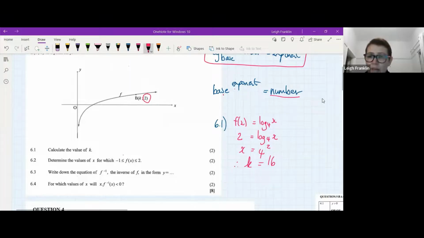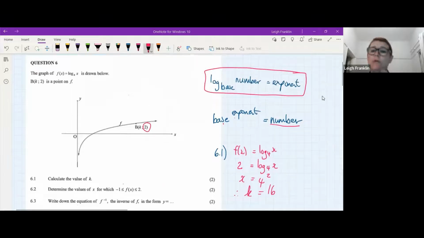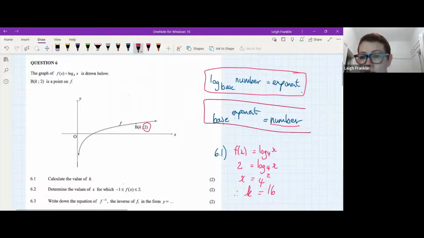Does that make sense to everybody? I hope you see what I'm trying to get at with log base number equals exponent and base exponent equals number. I hope the usefulness of this is now becoming apparent. Everybody okay with that?